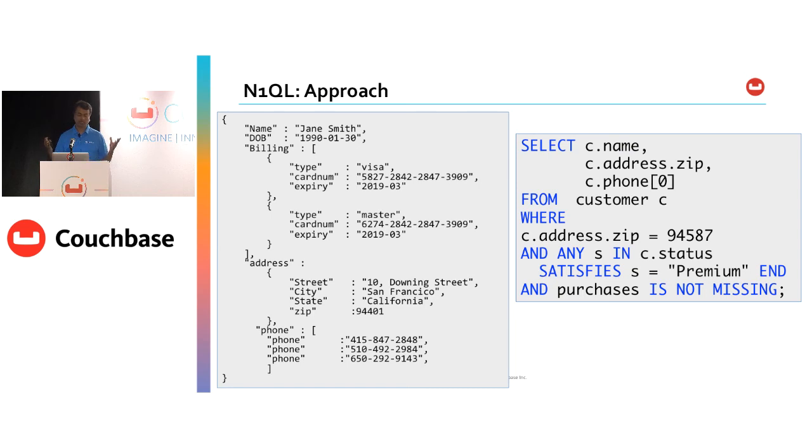The from clause looks like your standard SQL, and in the where clause, again, you are able to address a scalar value within the address object, address.zip.